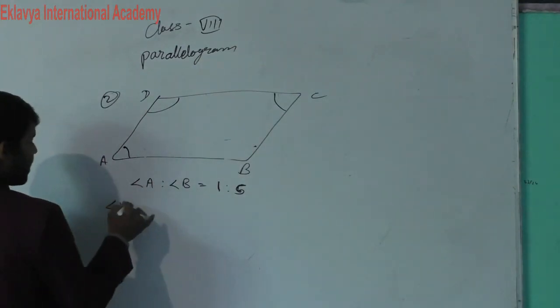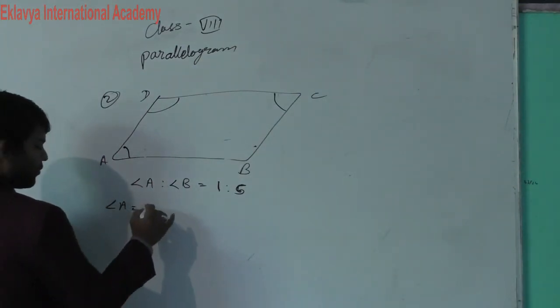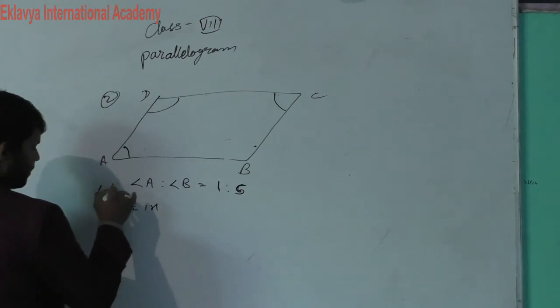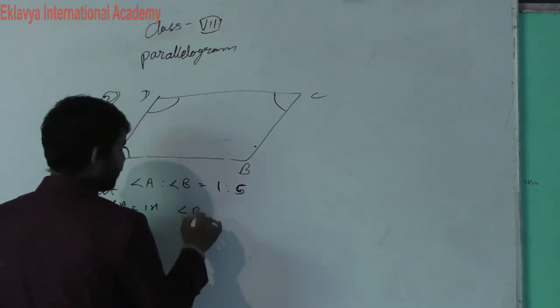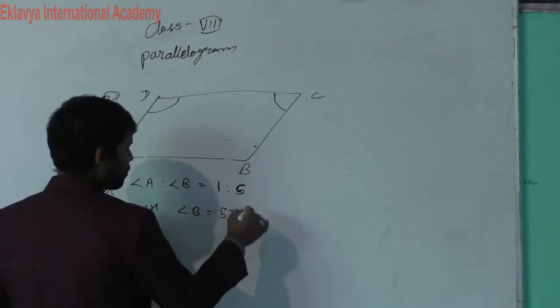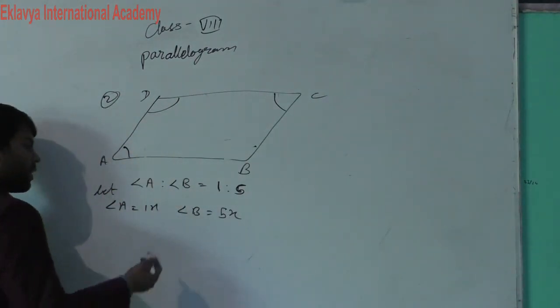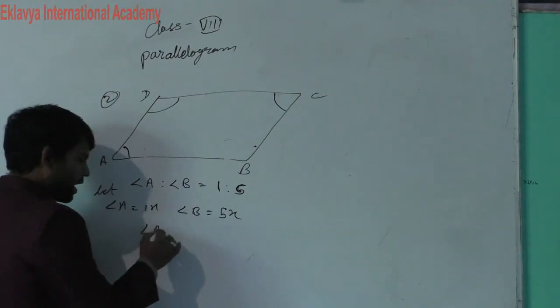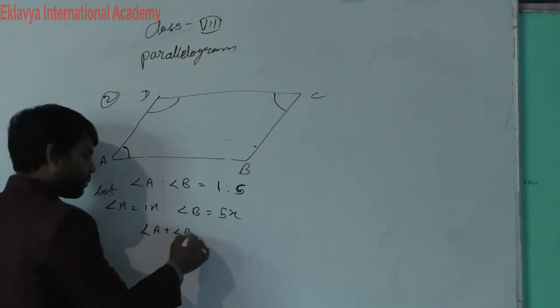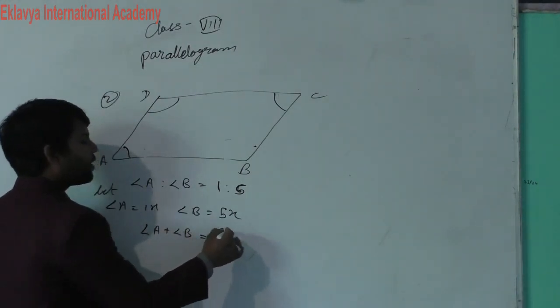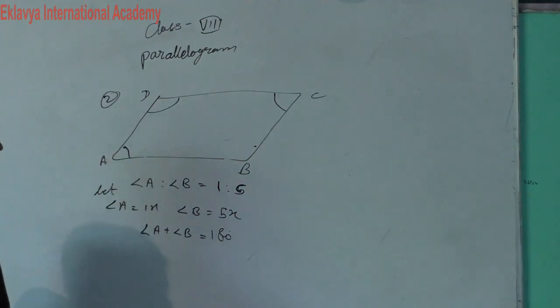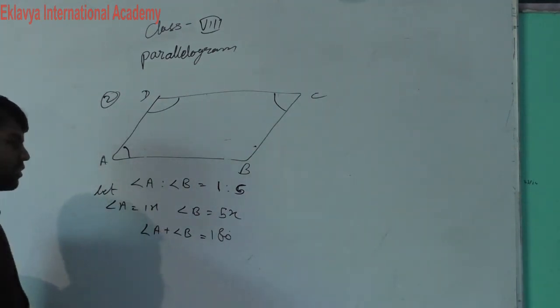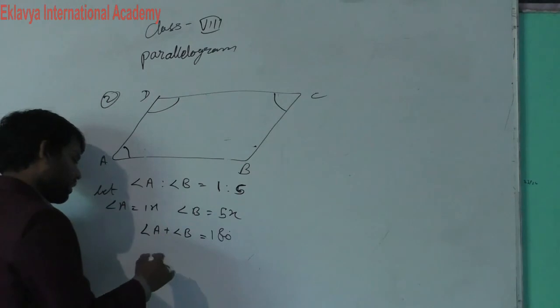Angle A is equal to 1x let, and angle B is equal to 5x, and here we know that sum of these angles, angle A plus angle B, is equal to 180 degree, because sum of co-interior angles is 180 degree.